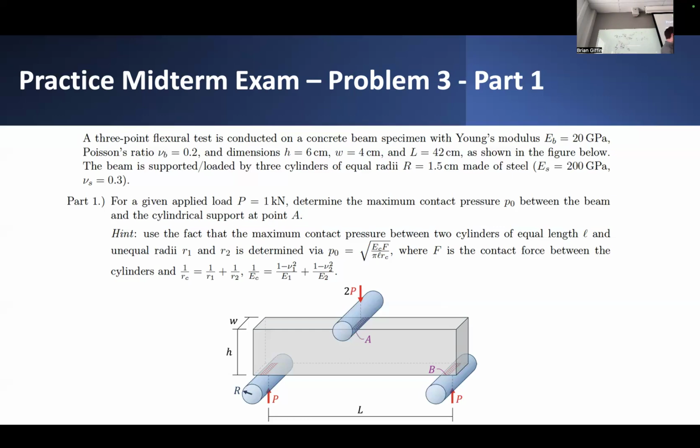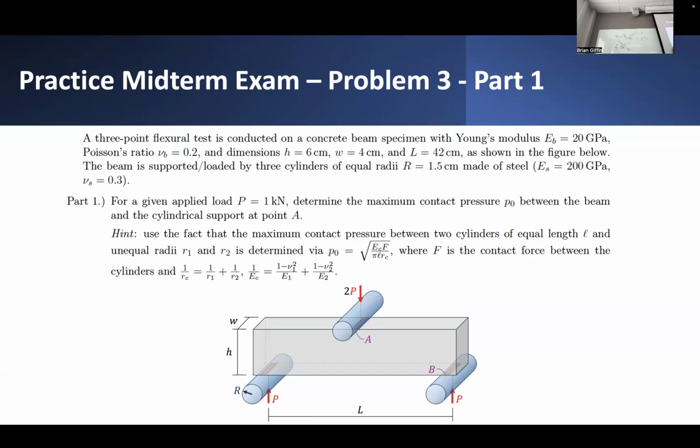Now it's a little bit different. The resulting contact area is not going to be a circle. It's not even going to be an ellipse. It's going to be a rectangular area. It's almost as though you could idealize this as two cylinders on top of each other, where the top cylinder has this characteristic radius R, and the bottom cylinder, idealized through this rectangular specimen, has a radius that is effectively infinite.